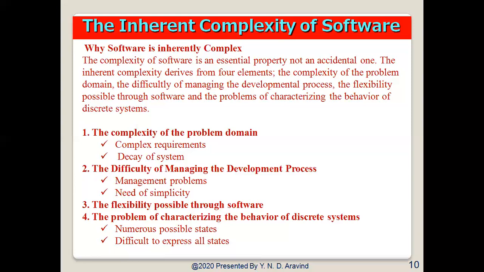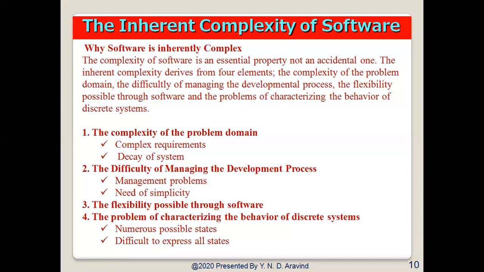Coming to the fourth one, the problem of characterizing the behavior of discrete systems. So the final reason for the complexity, according to Booch, is related to the difficulty in describing the behavior of the software system. Of course, humans are capable of describing the static structure and properties of complex systems if they are properly decomposed.